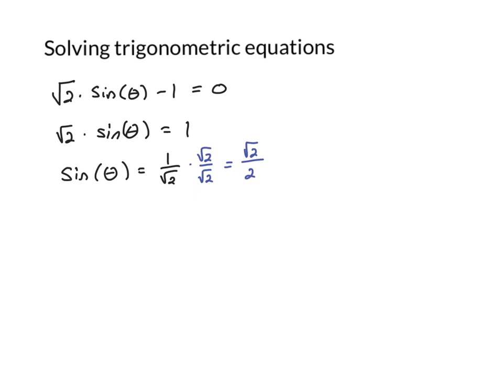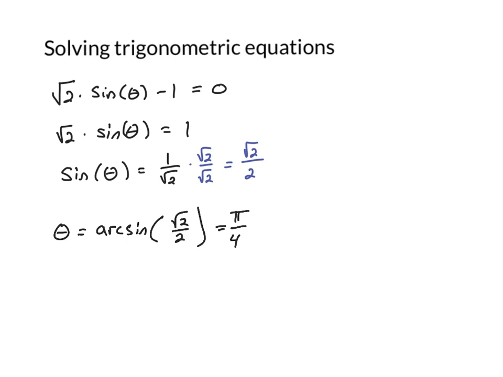We know that an answer to that question is theta equals arcsine of the square root of 2 over 2. If you plug this into your calculator, or look it up using your first quadrant trig values, you would get an answer of pi over 4.